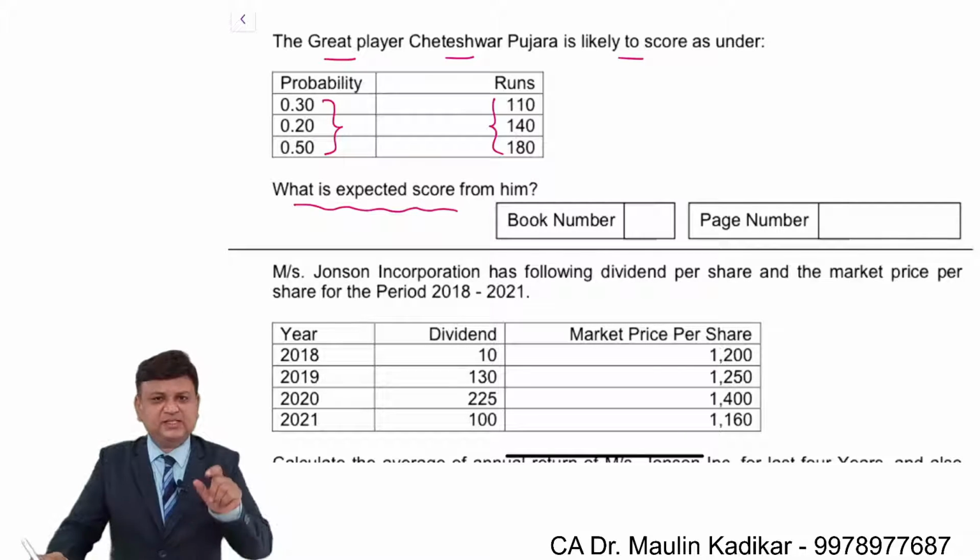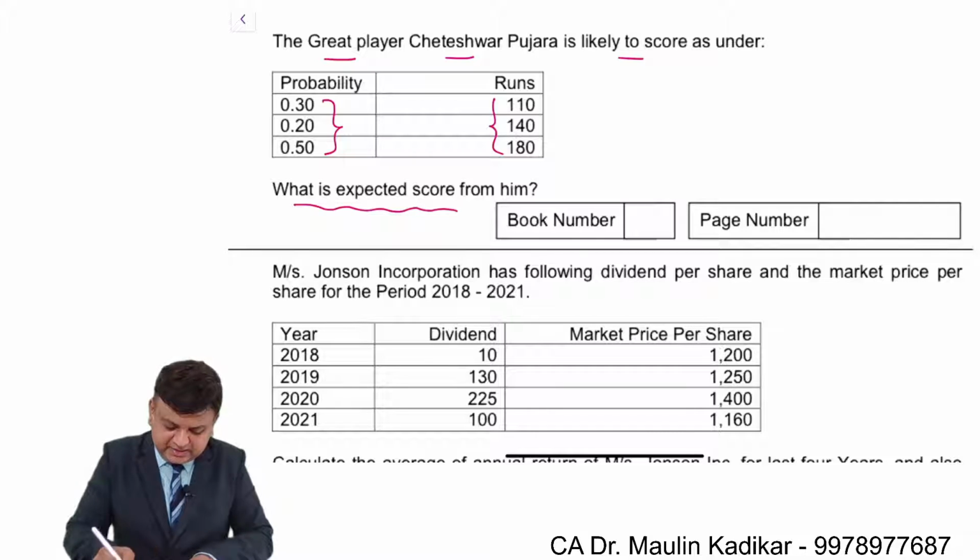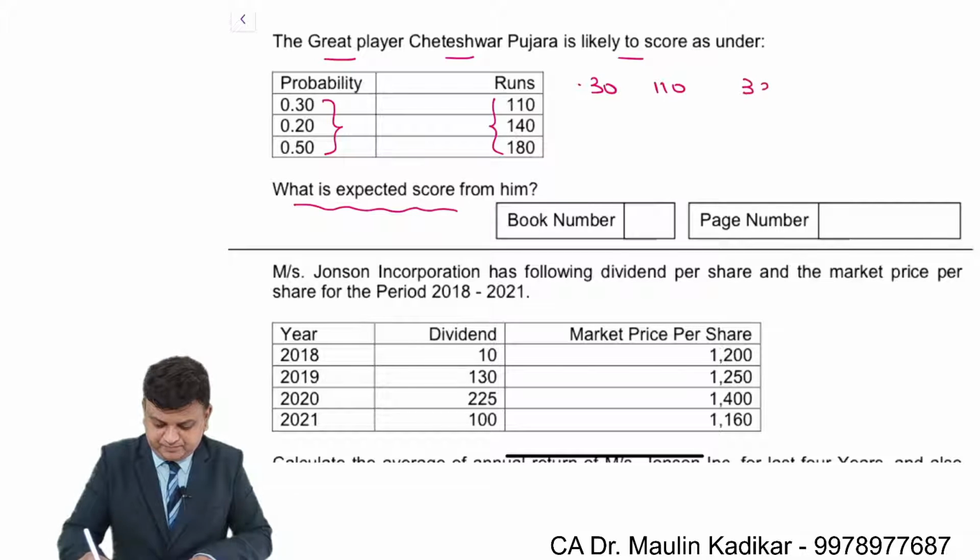So we understand that this time the probability distribution information is given to us. There are 30% chances that he will score 110 runs. There are 20% chances that he will score 28 runs. There are 50% chances that he will score 180 runs.